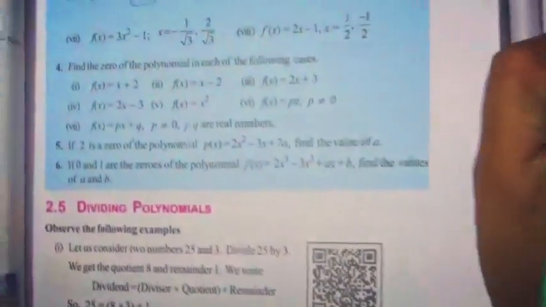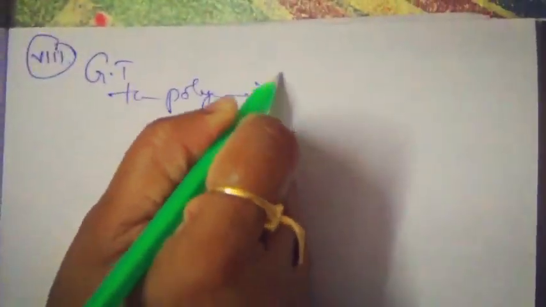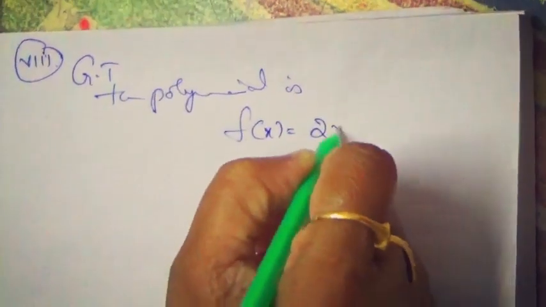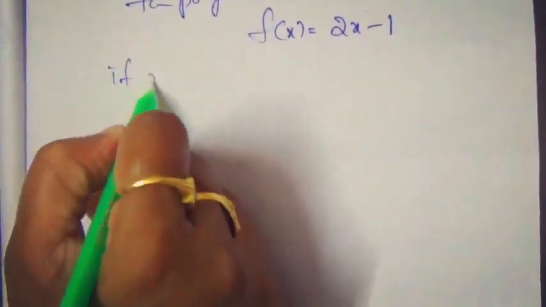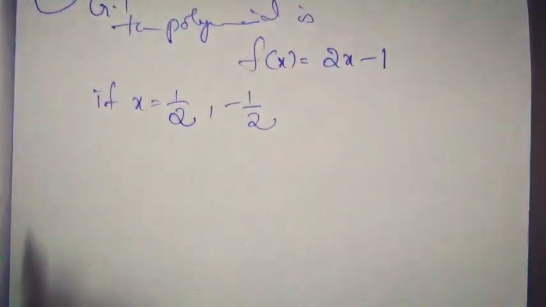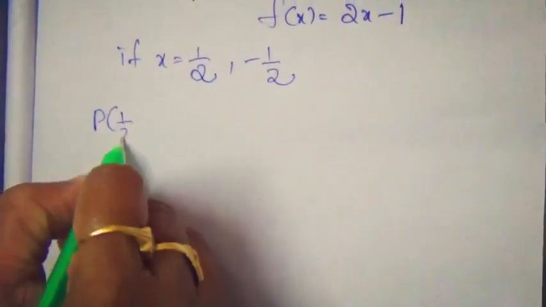And the last sum in this Roman, that is given that the polynomial is f of x is equal to 2x minus 1. Here two values are given. If x is equal to 1 by 2, comma minus 1 by 2. Okay, so first of all we have to check p of 1 by 2.